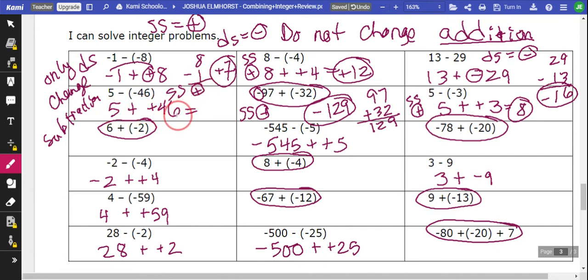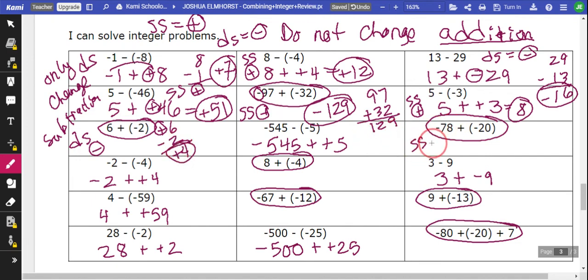So 46 plus 5 is going to be 51, and then these are positive, so positive 51. Different signs. Different signs means you subtract. 6 minus 2, which is 4, and then you have more positives, so that's positive 4.